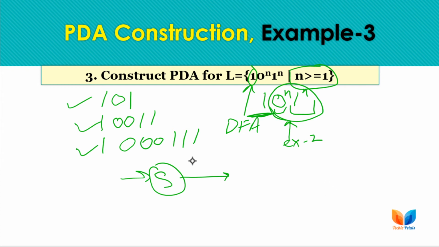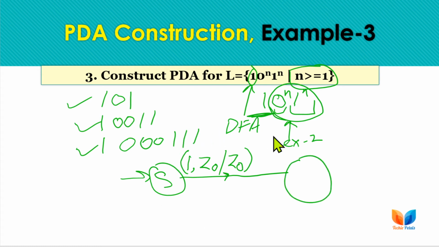From the initial state, the first symbol must be 1, and at that time Z0 will be the stack top, and we keep the stack top the same, because we do not need to push this 1 onto the stack, since it will not be considered for any other symbol later. We just receive this symbol and move to the next state to start the normal question, as we did in the previous example.